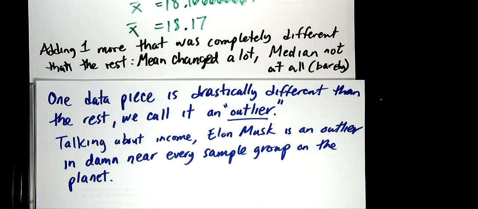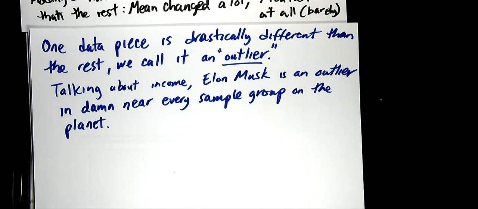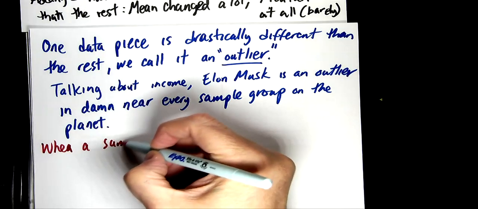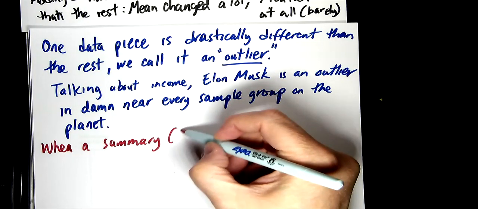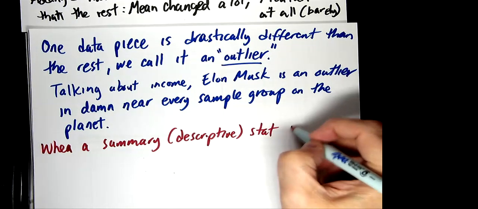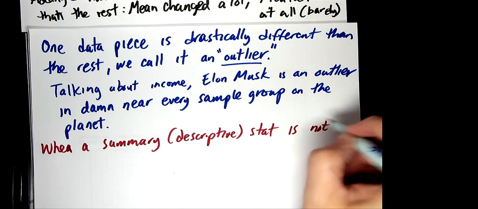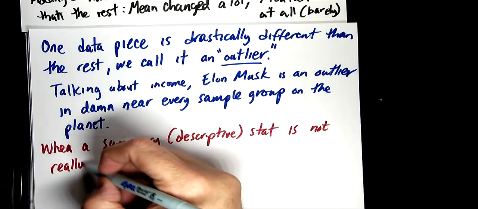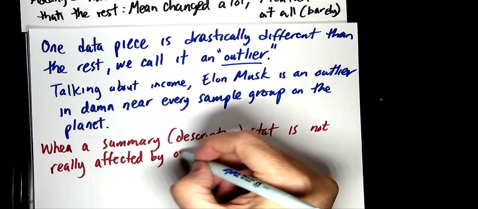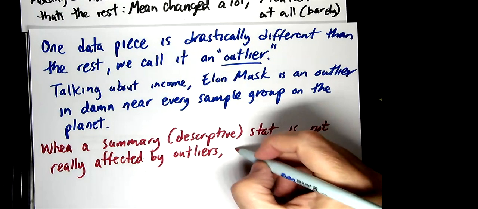So that's one vocabulary term. The other I want to use is for this. When a summary stat or descriptive stat is not really affected by outliers, we say it is resistant.